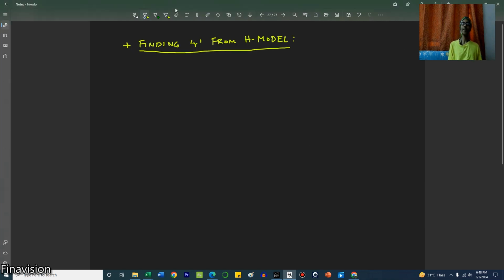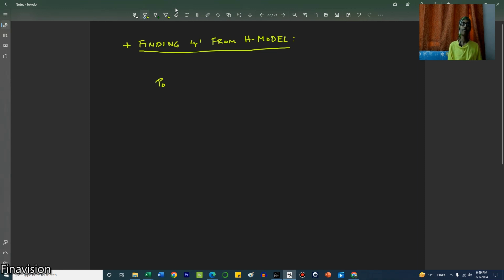Friends, in the previous example, we strived to find out the required rate of return from the Gordon growth model. Now, we will try to find the required rate of return from the H model. So for doing this, we again assume that the price reflects the correct value.